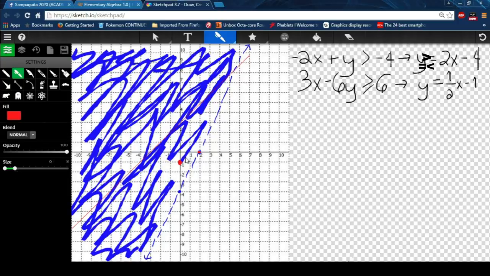Then draw a solid line. So it'll become, oh, that line is not that straight. There. Okay. And shade all the points below it. Let me increase the size.